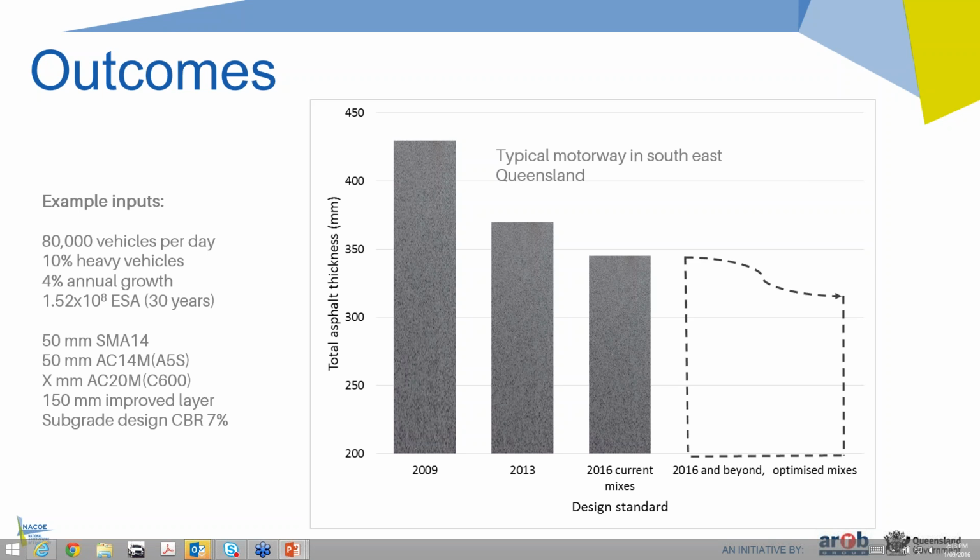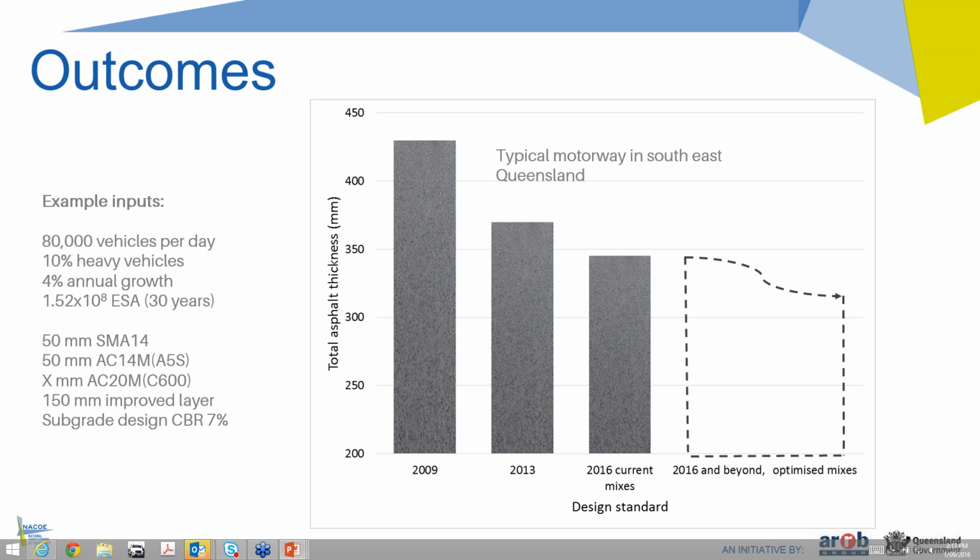So in 2013 we made some significant updates to our pavement design supplement, which were really targeted at reducing the thickness of asphalt pavements. So using the 2013 pavement design supplement for this same design example, the thickness reduced from 430 mils down to 370 mils for the same situation.